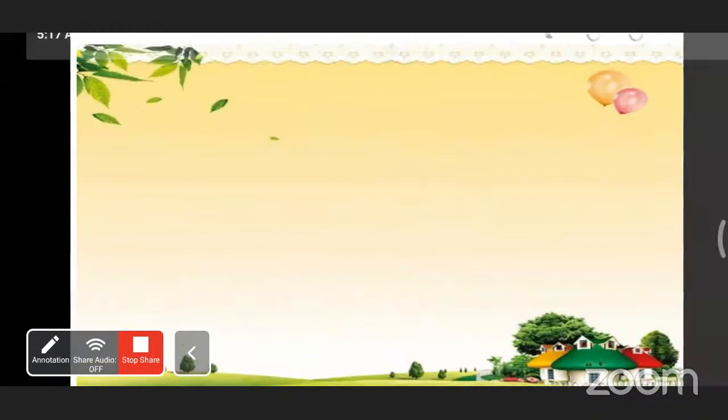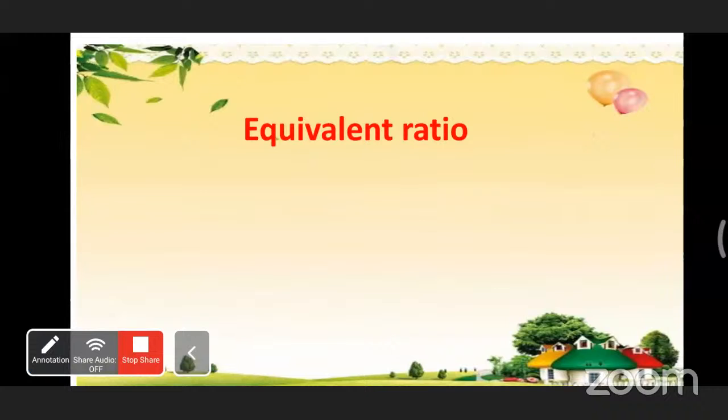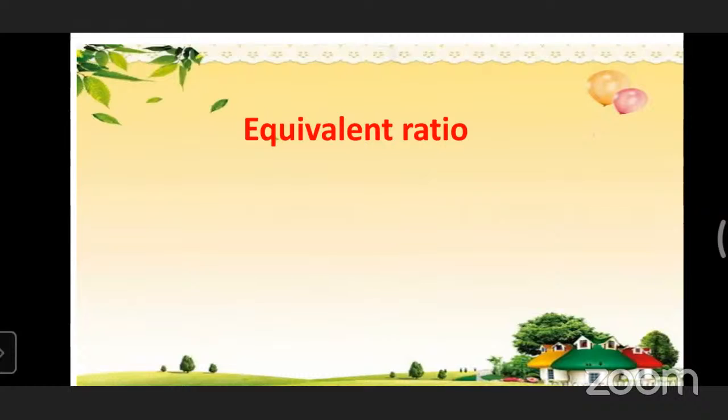Next, equivalent ratio. Can anyone say what is meant by equivalent ratio? In the previous class, I taught the equivalent ratio. Just remember. Multiples of that number, ma'am. Once again.